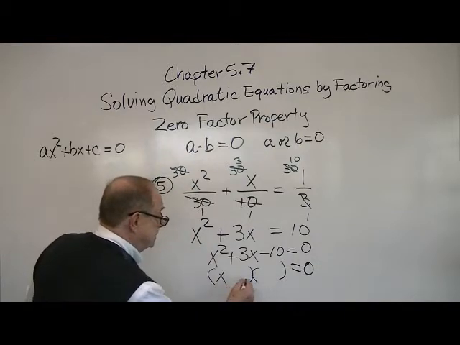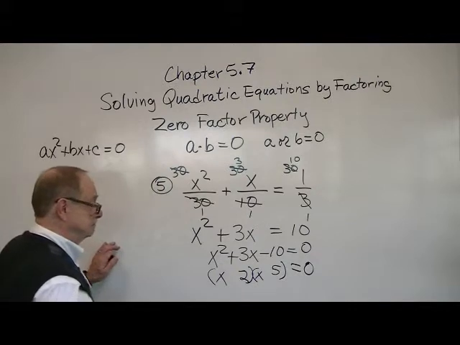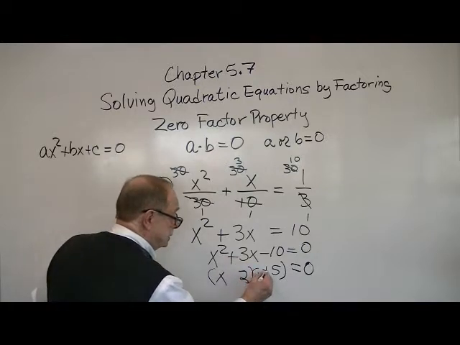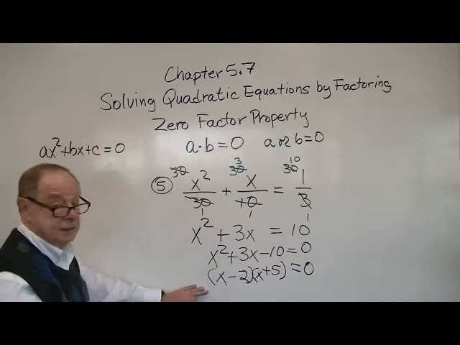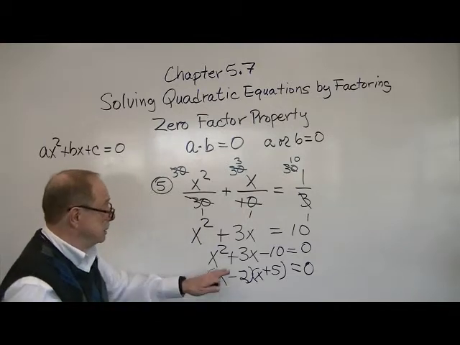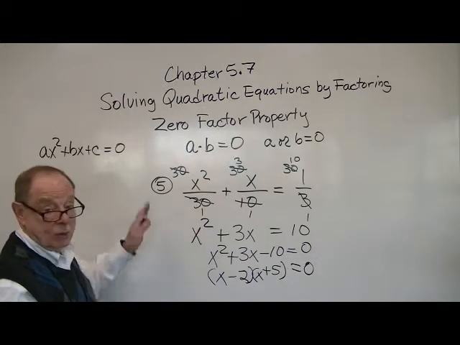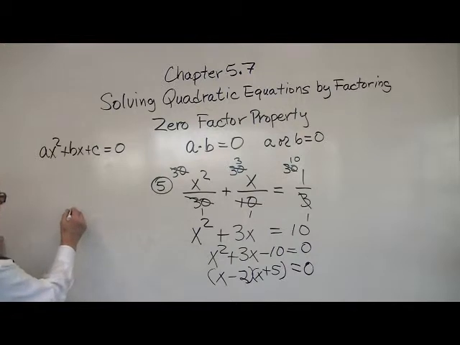And we get x, 5, and 2. And again, we want our middle term to be positive. So this one will be positive, and this one will be negative. It never hurts to FOIL it, to check that it's correct. In fact, anywhere along the way, check your work. And then we're going to have it, I'll write it over here.